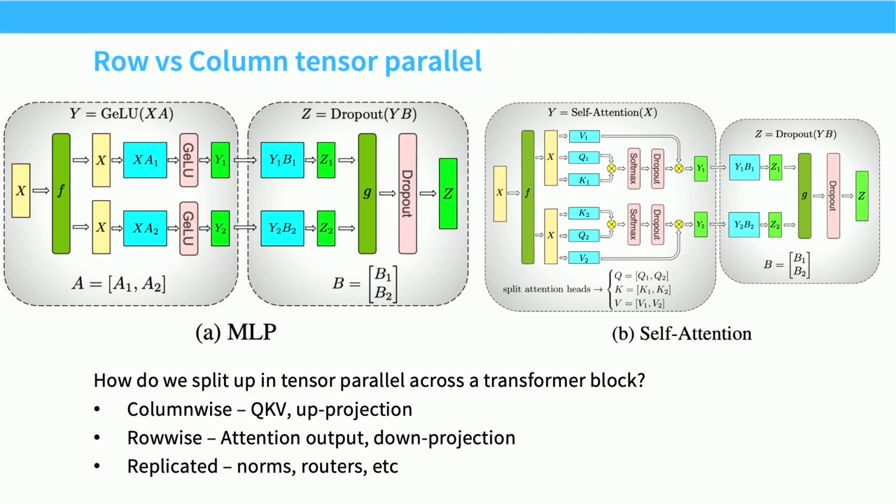And then there are row-wise cuts in the corresponding second stage. In the down projections of the MLP, as well as the outputs of the attention, you're going to have a row-wise cut. And then everything that's a small layer, like a layer norm or a nonlinearity or routers in MoEs, those are all fully replicated across the machines. You don't really want to bother with the overhead of cutting those.